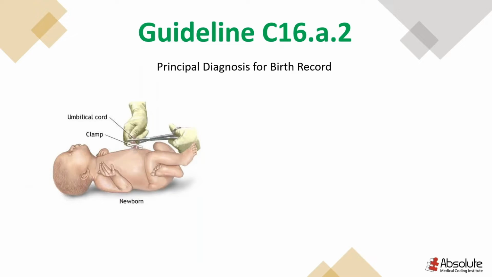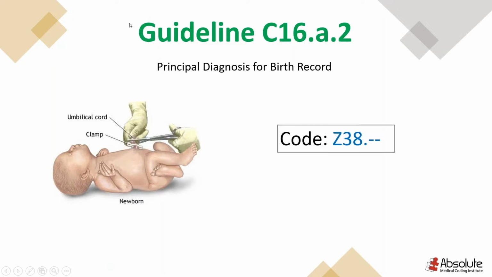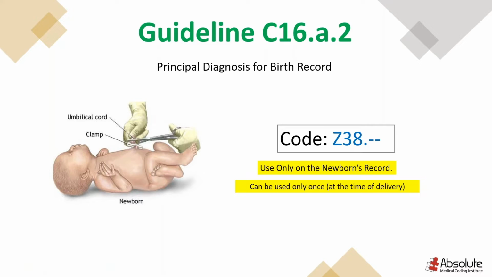We have the guideline C16.A.2, principal diagnosis for the birth record. When coding the birth episode in a newborn record, assign a code from category Z38, live-born infants, according to the place of birth and the type of delivery, as principal diagnosis.